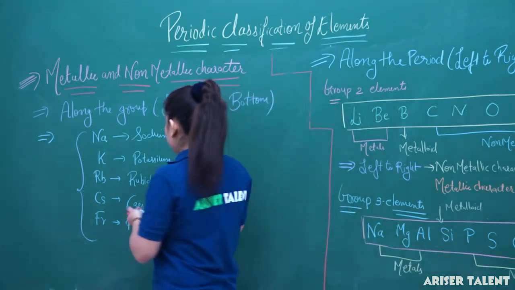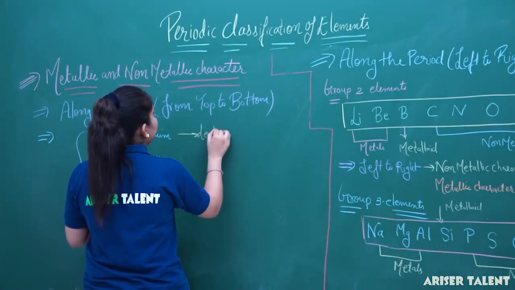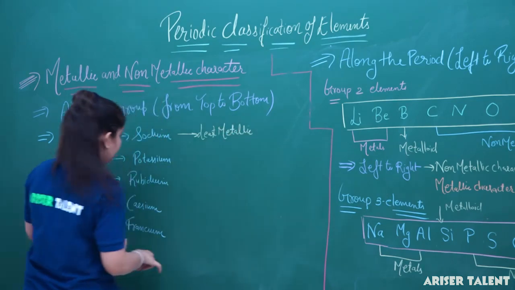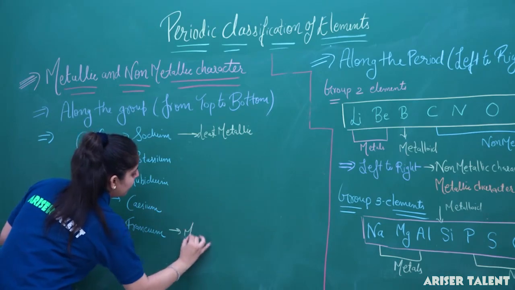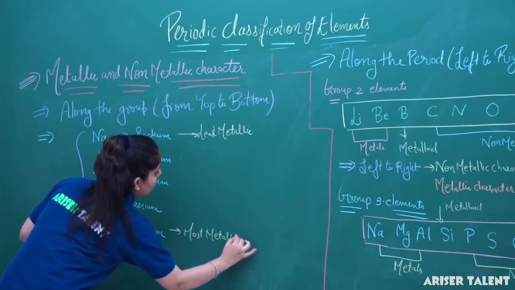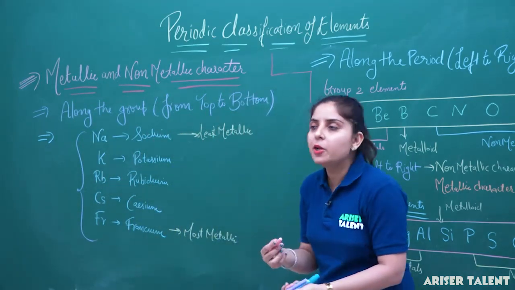So I can write here, this sodium is least metallic and this francium is most metallic. So what will be the trend if I am going from top to bottom in the periodic table?